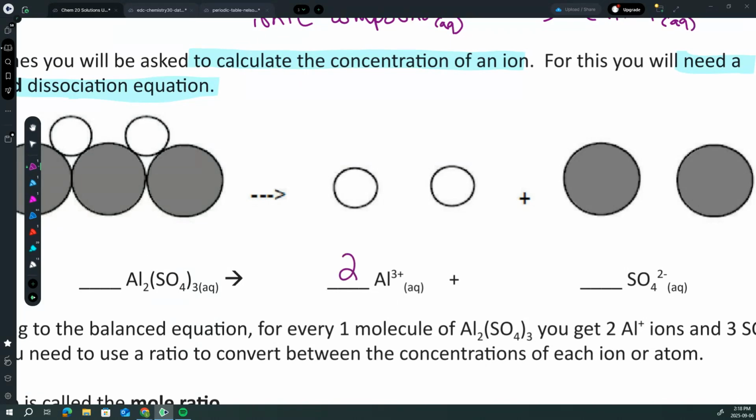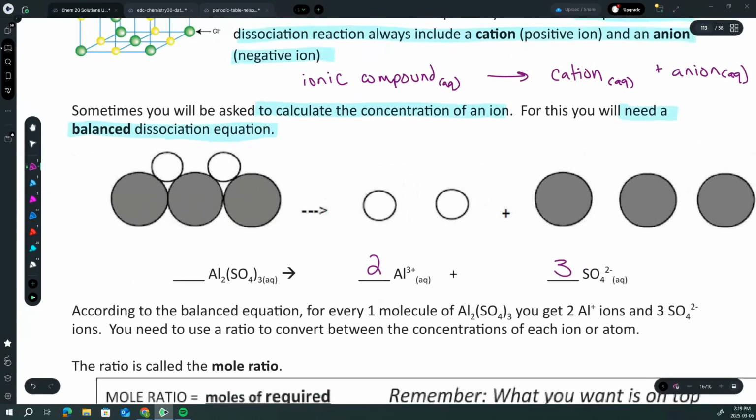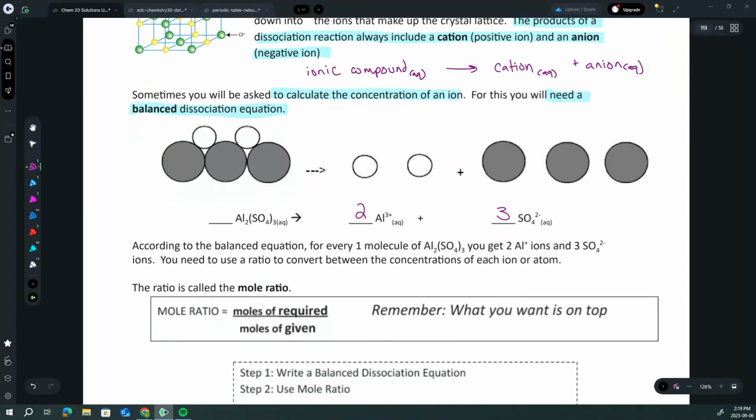I'm going to write a 2 so that my aluminum ions are balanced, and then I notice that I have 3 sulfate ions going in, so I need to have 3 sulfate ions coming out. Alright, so now that's balanced.